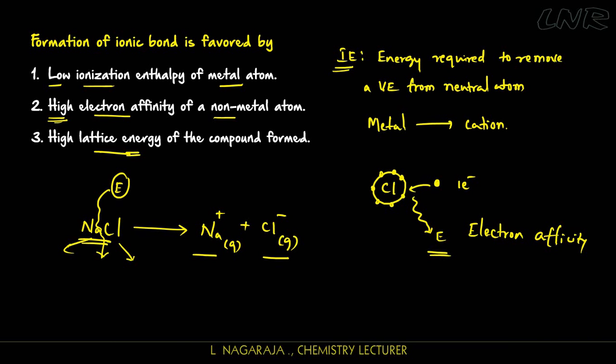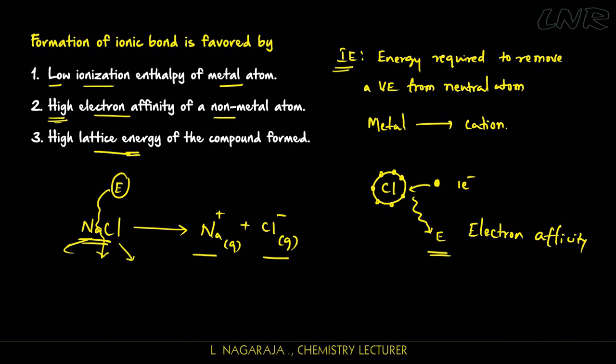That is, there are 3 factors favorable for the formation of an ionic bond. One is, for the metal atoms, there should be low ionization enthalpy, and for the non-metal atoms, high electron affinity. So the greater the electron affinity, the easier will be the formation of an anion.